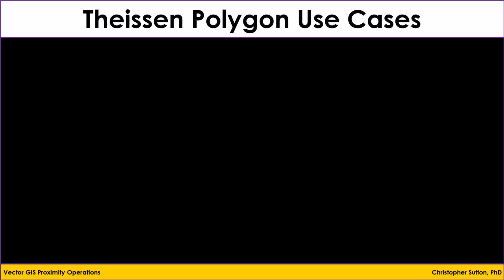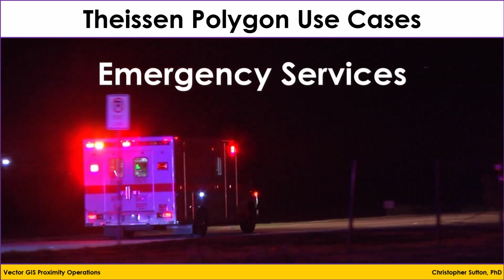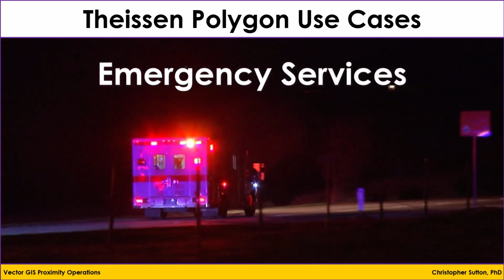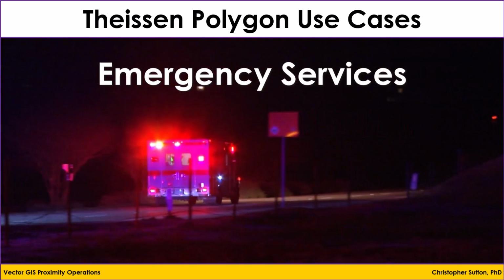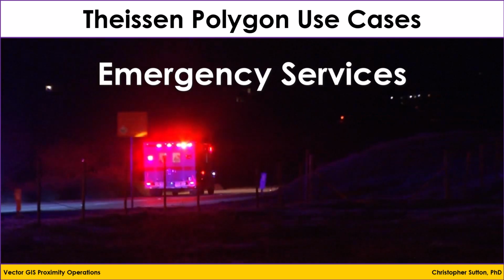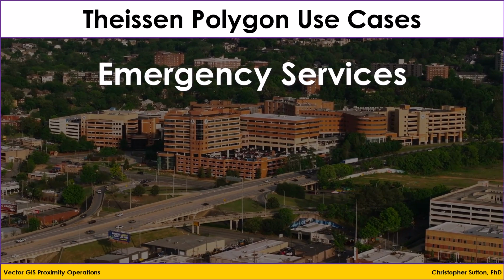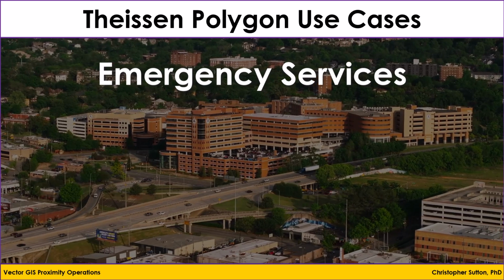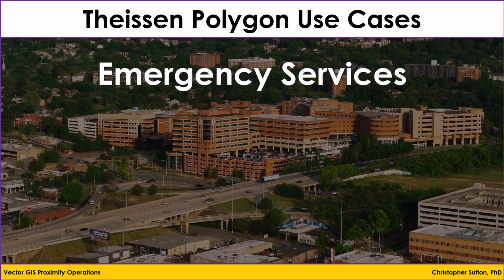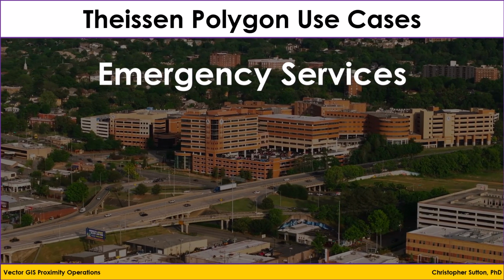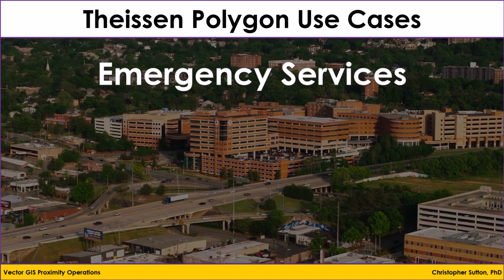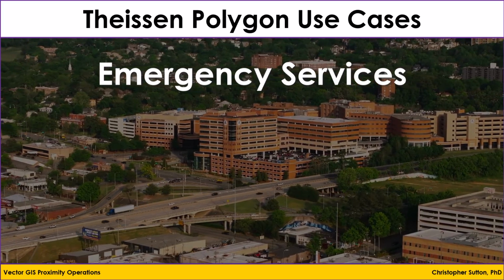We can use Thiessen polygons in emergency services for planning the locations of facilities such as fire stations, hospitals, or police stations. Thiessen polygons can show the area closest to each facility, helping in analyzing response times and coverage. This can guide decisions on where new facilities should be located to optimize access for the entire population.